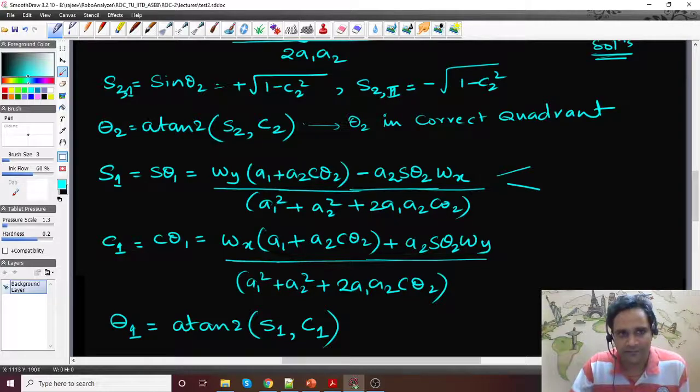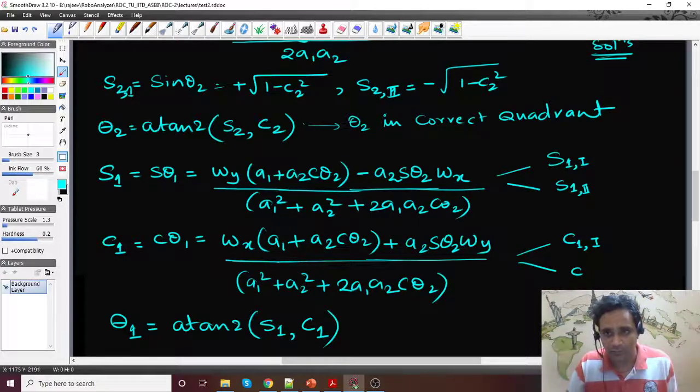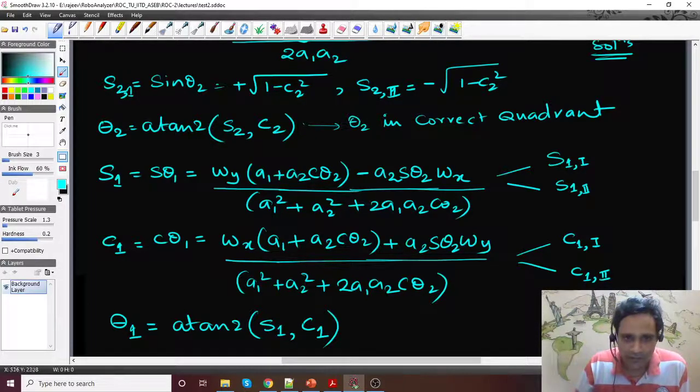Now obviously here we'll have two values, s1 first, s1 second, depending on what you put in theta 2. Similarly here also we'll have two terms, c1 first and c1 second. Depending on what values you put here, we'll have two solutions, theta 1 first solution, theta 1 second solution.